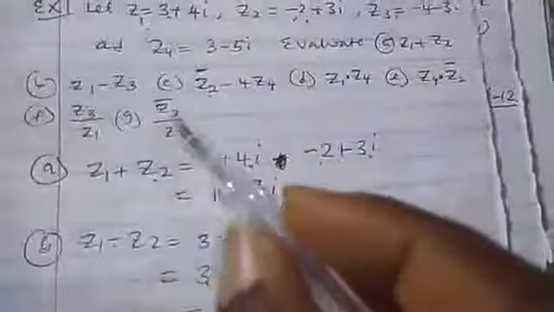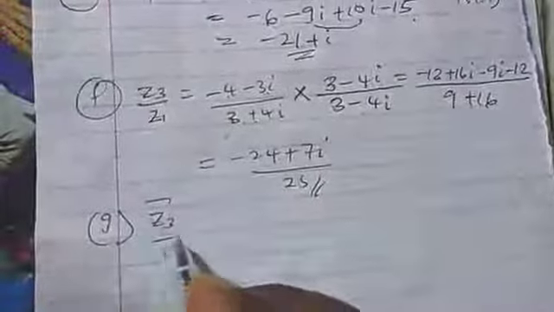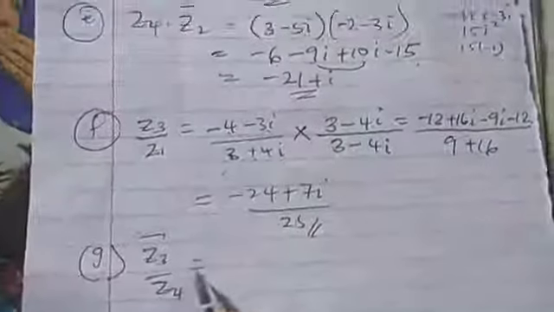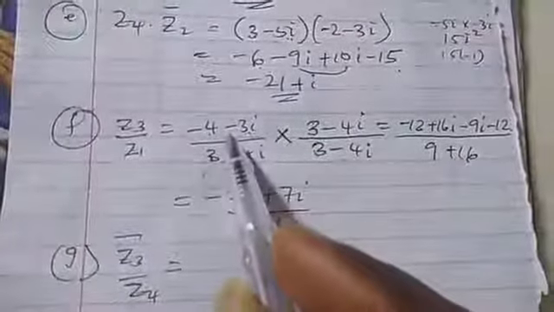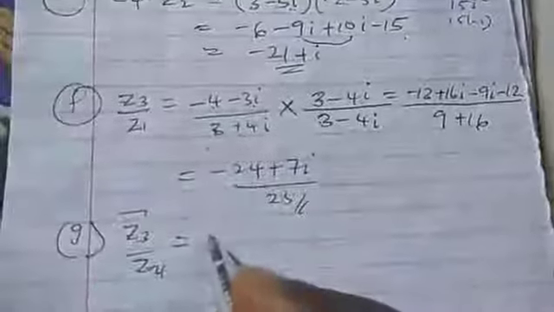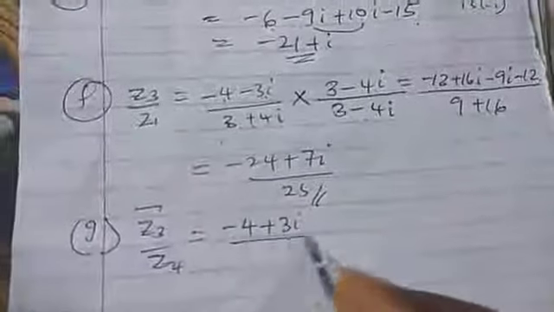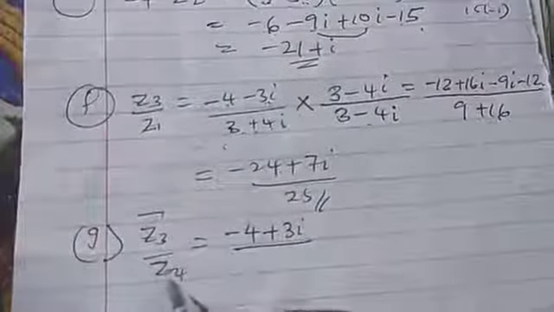you are finding z3 bar over z4. z3 bar over z4. These are z3. But the bar there means I should turn this minus to plus. So we are going to have minus 4 plus 3i. That is z3 bar over z4.